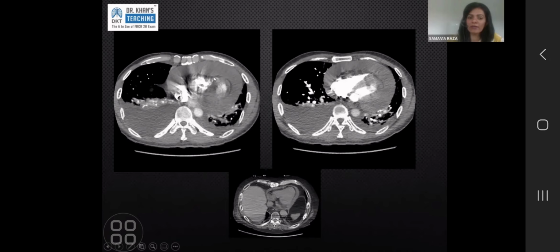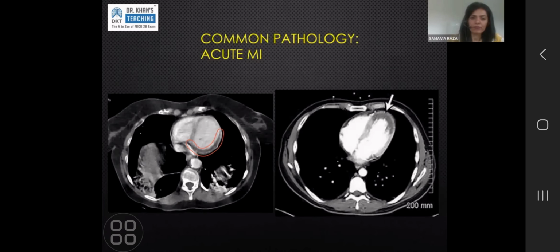So don't use that to convince yourself that there is pressure because of that fluid. So don't use terminology like pericardial tamponade or cardiac tamponade on CT.